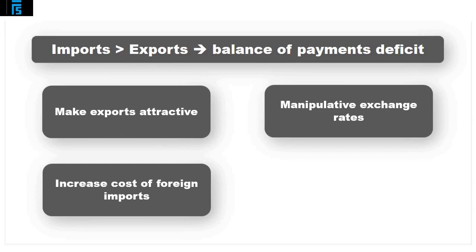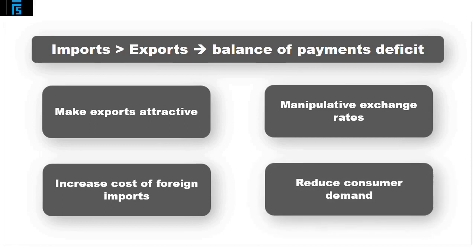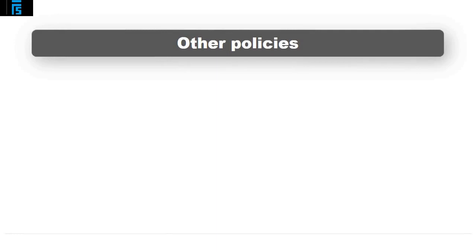However, their ability to do so may be challenged, for example by the World Trade Organization, and this aspect is not considered further here. Finally, governments could attempt to reduce consumer demand overall. However, given the previous paragraph, this may affect domestic firms as much as foreign ones.